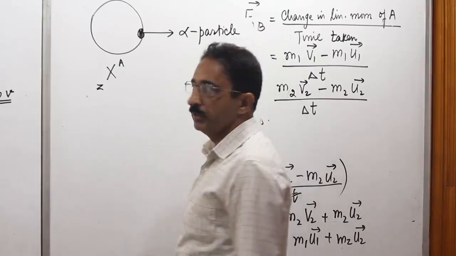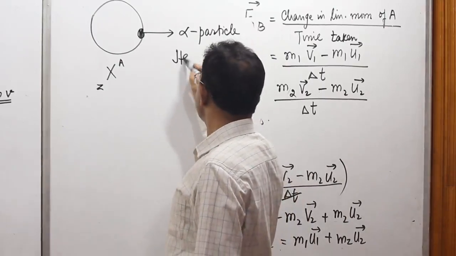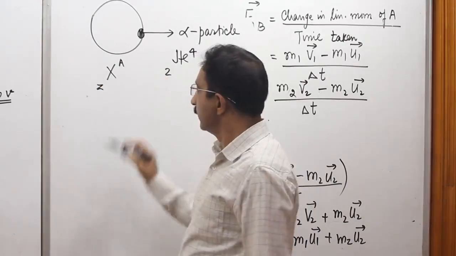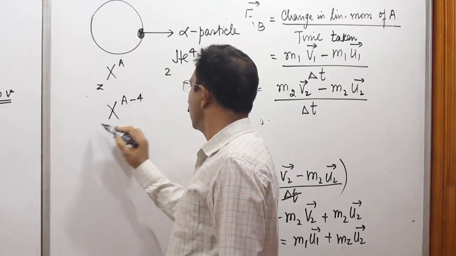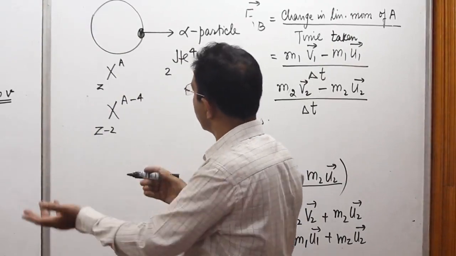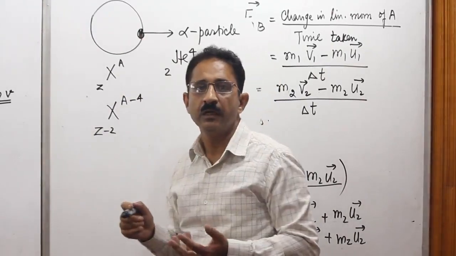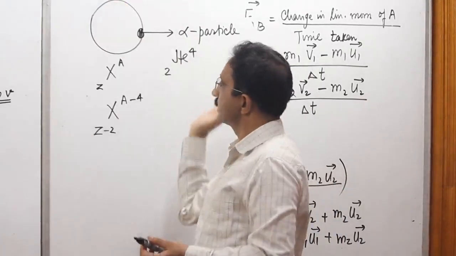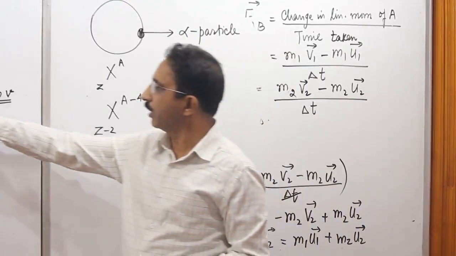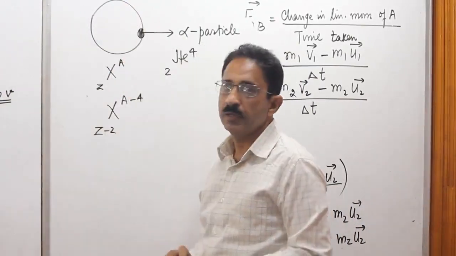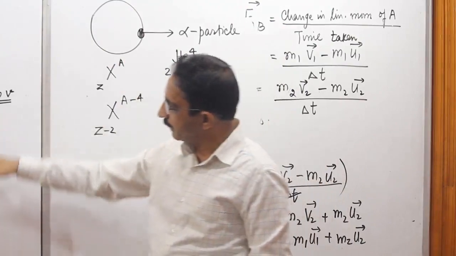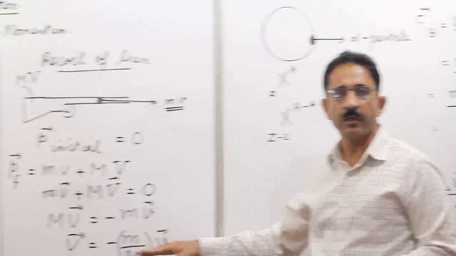So this alpha particle is a helium nucleus He24, और you will see कि जो हमारे पास एक residual nucleus रह गया, that residual nucleus will be A-4 Z-2, और ये जो residual nucleus है, it will have a recoil velocity. That means when alpha particle is emitted in the forward direction, जो ये residual nucleus है, it will get a backward velocity or a backward jerk as the gun got. So that is the recoil in case of a nuclear system, where law of conservation of linear momentum is applicable exactly in the same manner as applicable here.